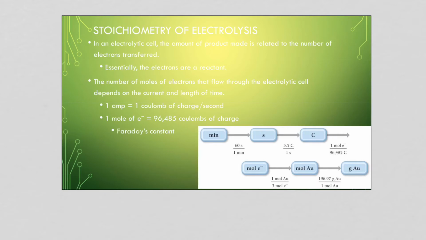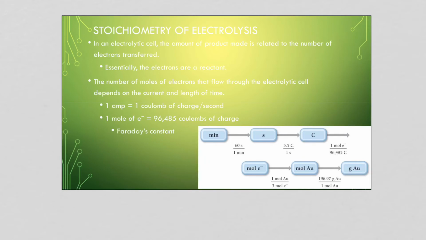Now, one of the things we can do in an electrochemical cell, an electrolysis cell, is that we can utilize what we know about how this reaction occurs, and we can predict pretty accurately how much metal we're going to make. Now, while this might not be so important in, say, bulk electrolysis, right, where we're trying to just make bulk metal, it can be extremely important if we're trying to control the amount of metal that we make.